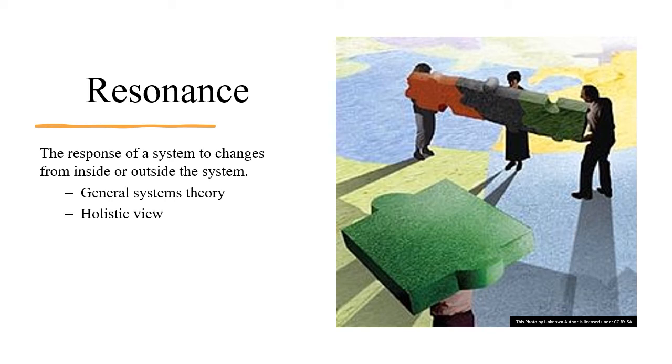Then we have resonance, the response of a system to changes from inside or outside the system. With our general systems theory, states when one part of a system is a change, the whole system is affected. Just like with our concept map, with our patients, when one part of their system has a change, their whole system is affected.